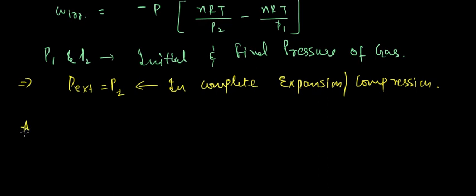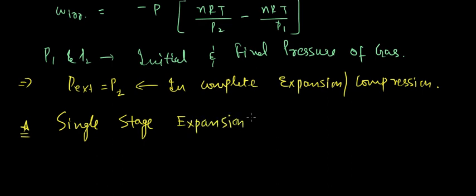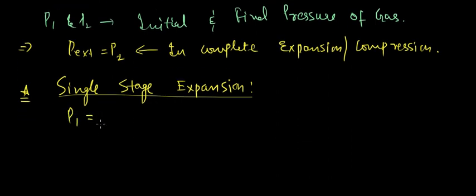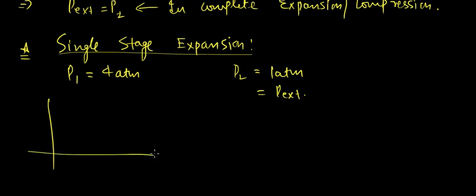Okay, next let us see single stage expansion. Okay, so we can write P1 equals 4 atm, and let's say P2 equals 1 atm, which is also, let's say, P external. So the PV graph would look something like this, in which we have P on the y-axis and V on the x-axis.